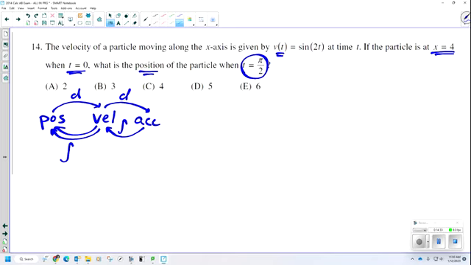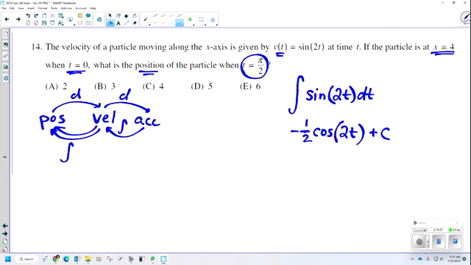So let's start by integrating velocity, which is the integral of sine of 2t dt. Whenever you integrate, you must have that dummy variable. Now, if I integrate this, I'm going to get negative cosine of 2t, and then we need the 1/2, so I'll put the negative 1/2 there, plus c.